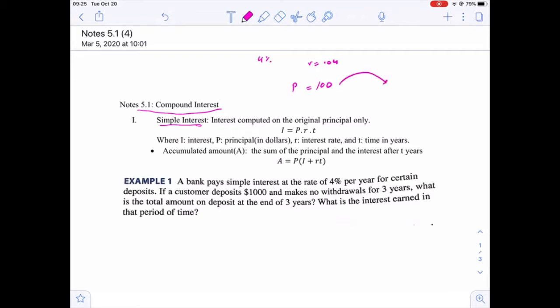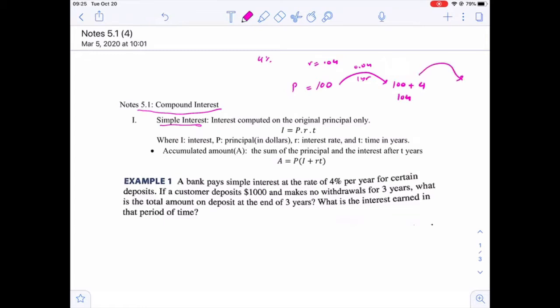Now, after 1 year, with this interest rate 0.04, you get 100, the original amount, plus the interest on that amount, 0.04 of the original amount, which is $4. So you get 104.